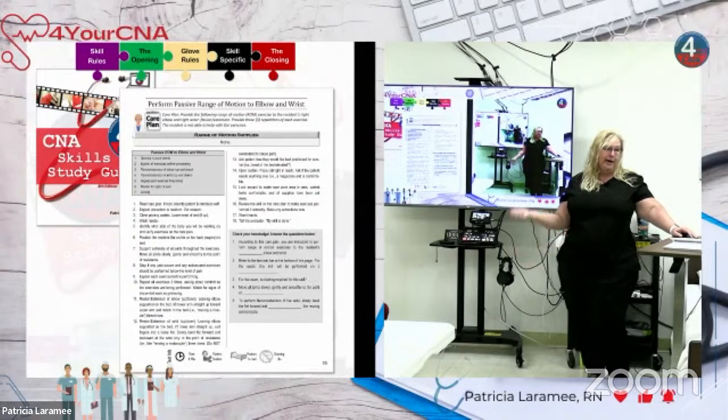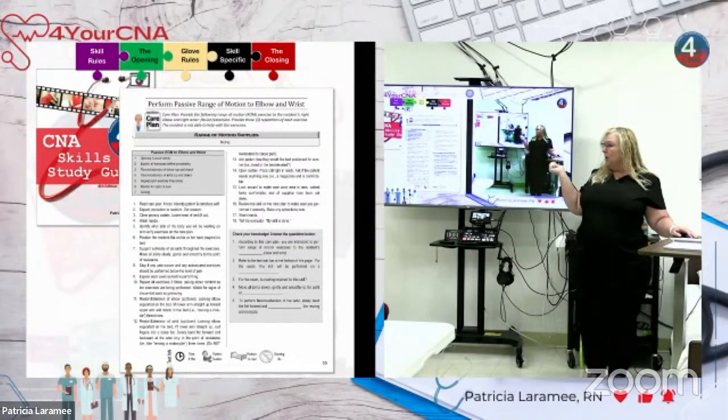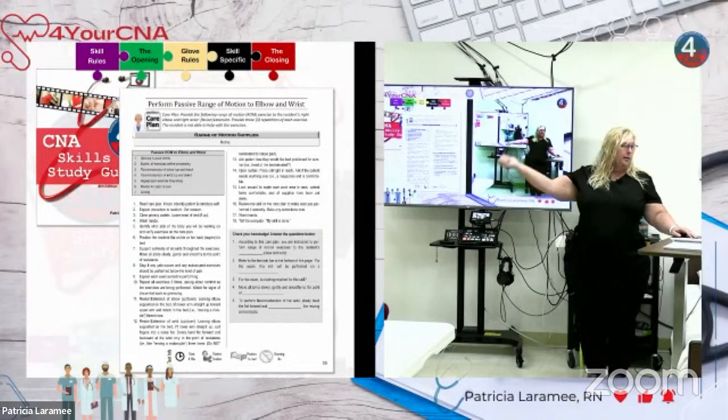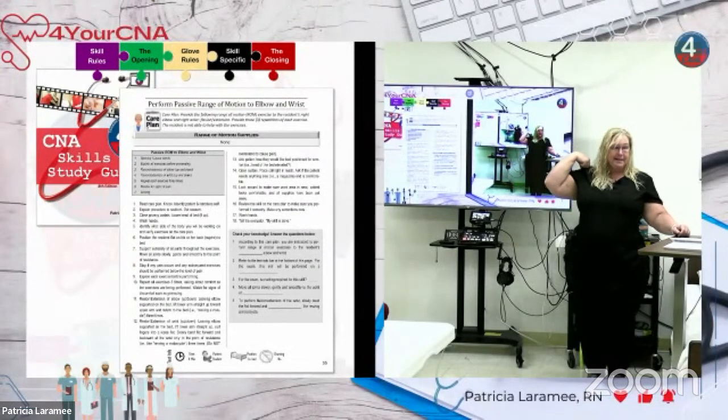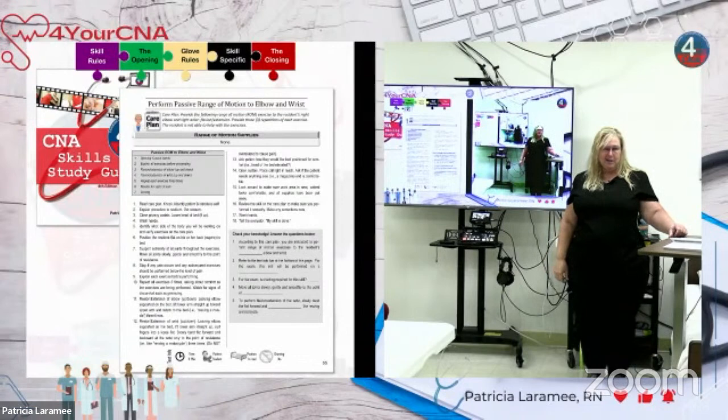It's a hinge joint. It only goes up and down. So we're going to extend the arm, bring it up and back down, making sure the elbow is supported like they're making a muscle. Ask any 7-year-old boy to make a muscle. They'll do this. We're going to do that as many times as our care plan tells us to.